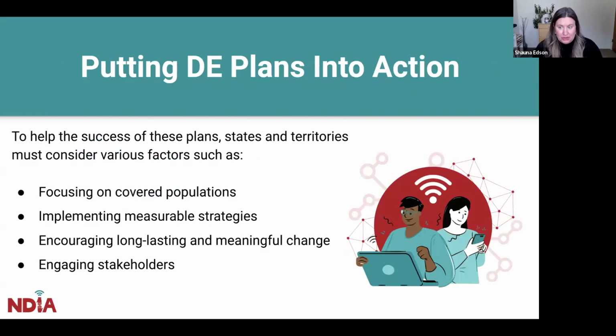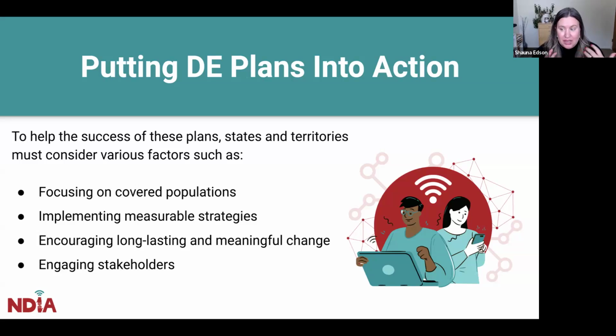So like I said, over the past 2 years, all states and territories have gone through this rigorous planning process to write their digital equity plans. So once these funds are awarded, states can then begin the activities, programs, and subgrants to support the strategies and barriers to digital equity listed in the plan. But NTIA created guidelines for how these funds may be used. They're looking for strategies and applications that include focusing on the covered populations, implementing measurable strategies by collecting and analyzing data to show the success of the activities of the program, and encouraging long-lasting and meaningful change.